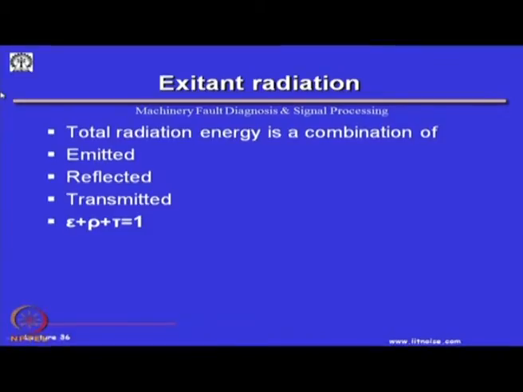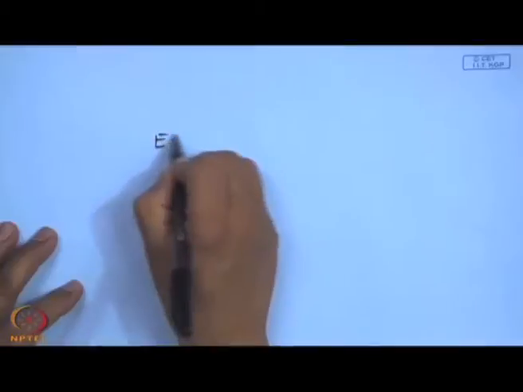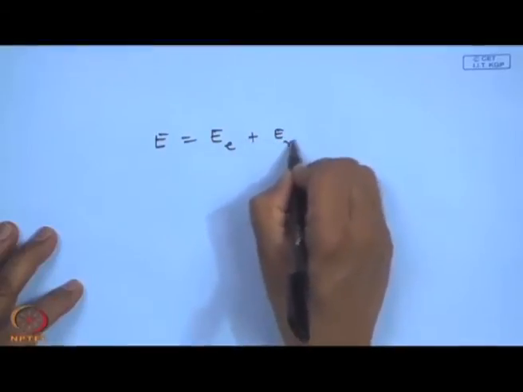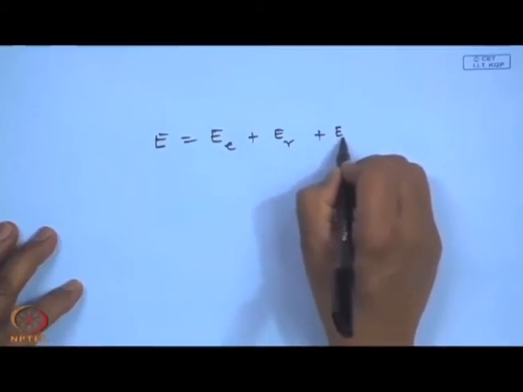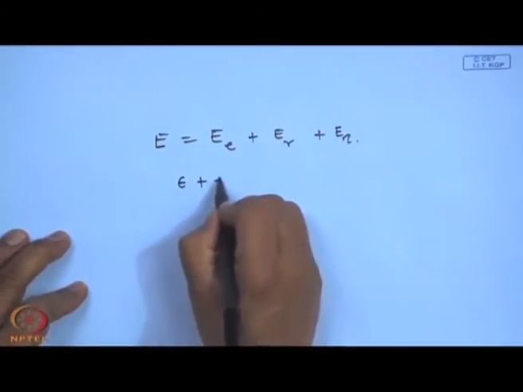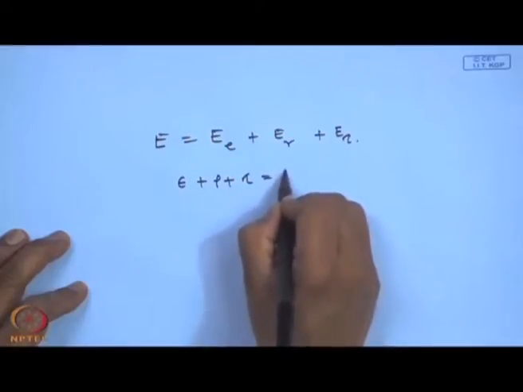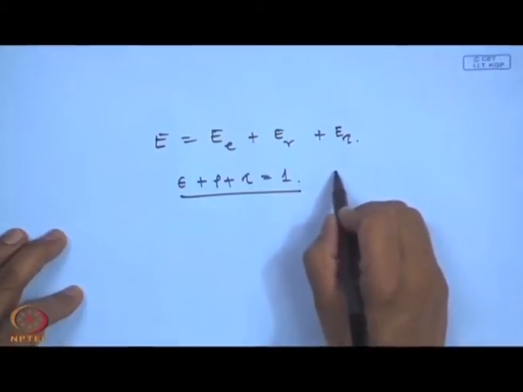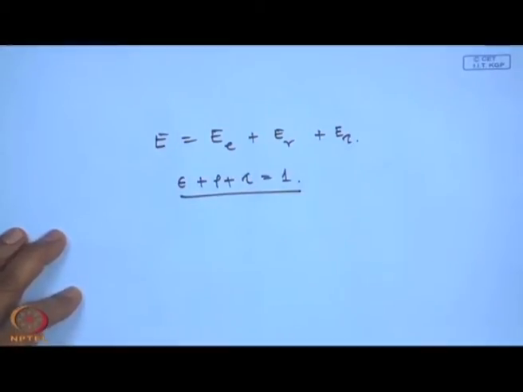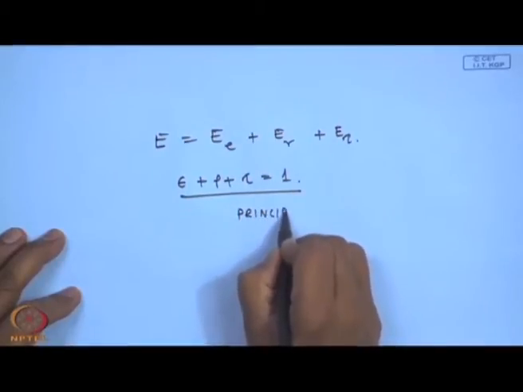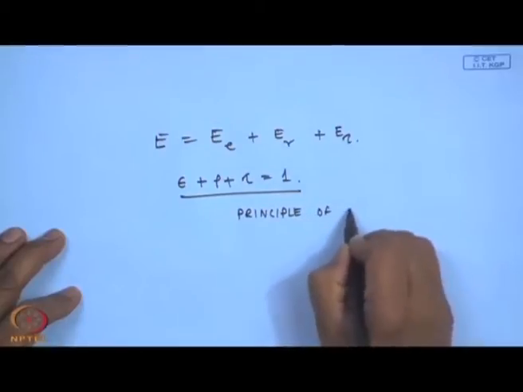As to the total energy, some of it is emitted, some is reflected, some is transmitted. If I take the ratios, the sum of these terms should be equal to 1, and this expression is always true from the principle of conservation of energy.